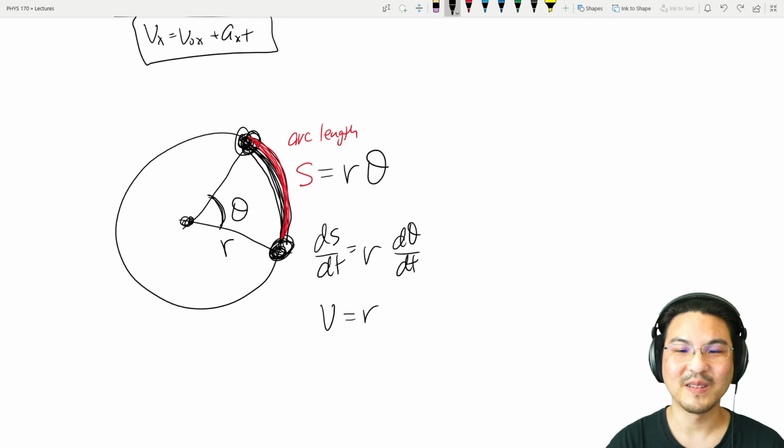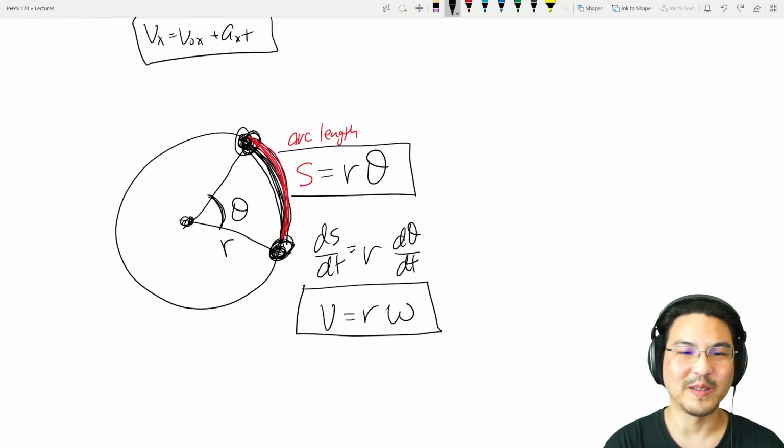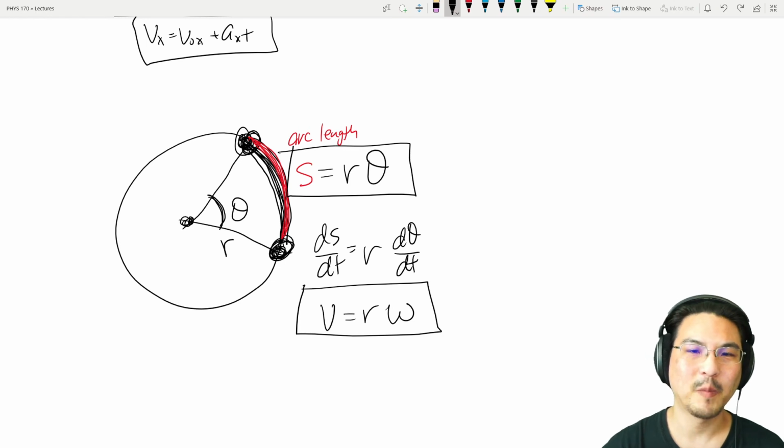Angular velocity, radians per second. So you see the relationship between linear velocity and angular velocity is just like this, it's the radius. The relationship between some arc length, meters, and some angle, radians, just like this.